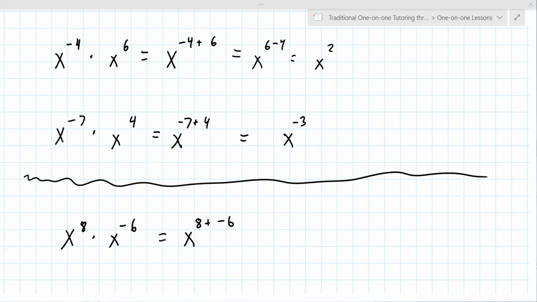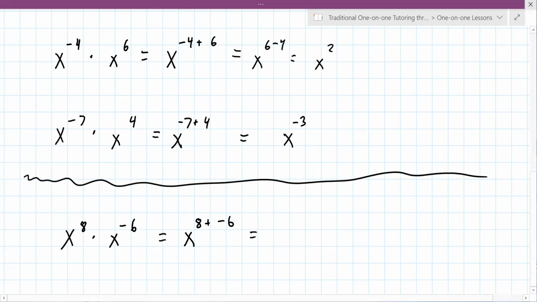Eight. So the answer has to be positive, right? So here again, because 8 is further from 0, it becomes 8 minus 6, or x squared.